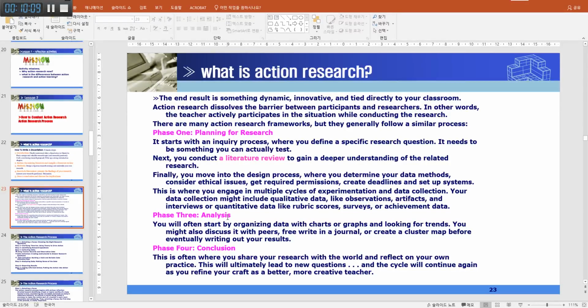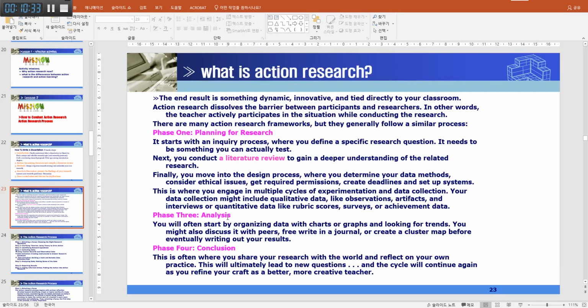If you want to plan your action research, you need to review previous studies, what others have done and what others have said about my research topic or my problem.